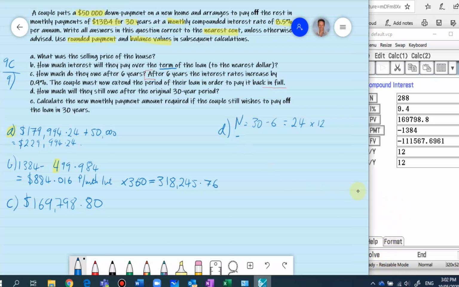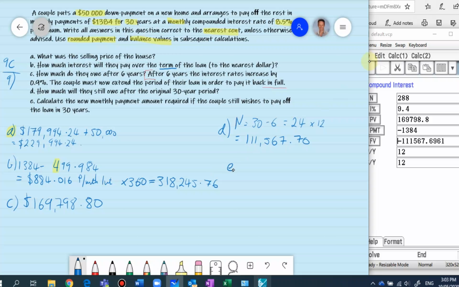Okay, so the outstanding amount after that time is $111,567.69. Or let's make it easy, $111,567.70 rounded.